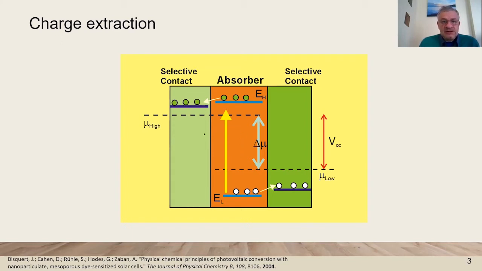So now, since we have a difference of Fermi levels in the metals, this is a voltage as we have defined it. This is a difference of electrochemical potential of electrons in the two contacts. So now the cell can provide a voltage, and this is now a solar cell.